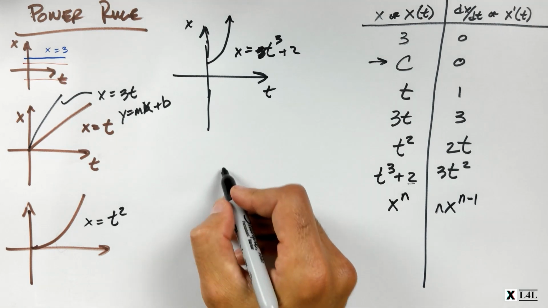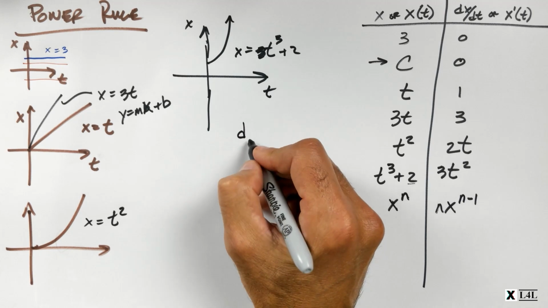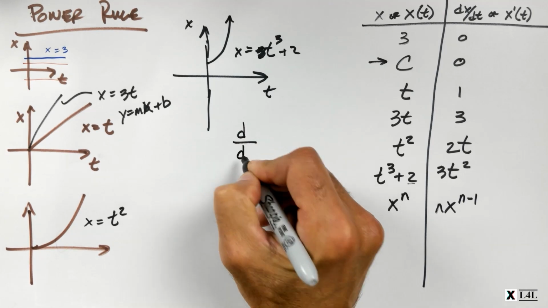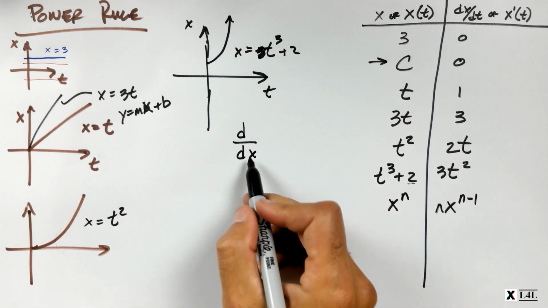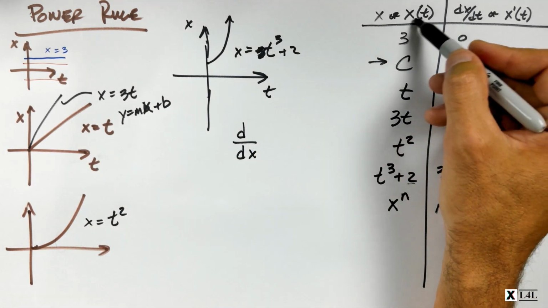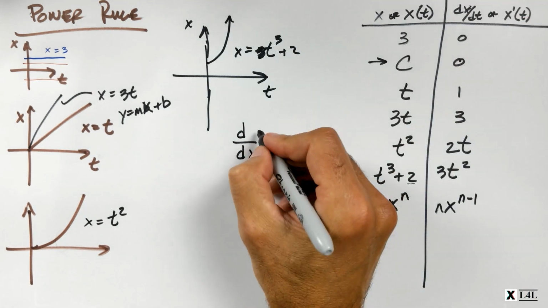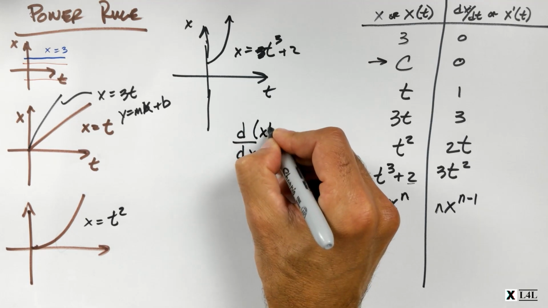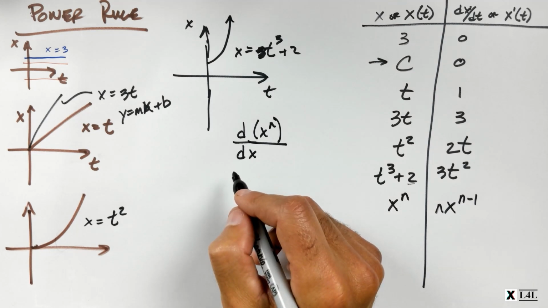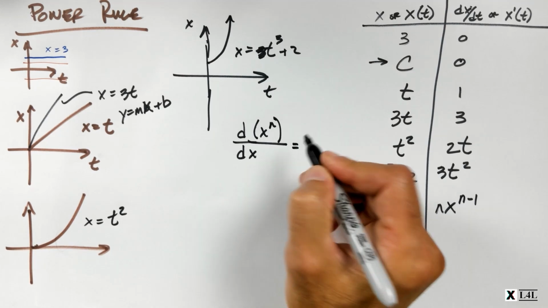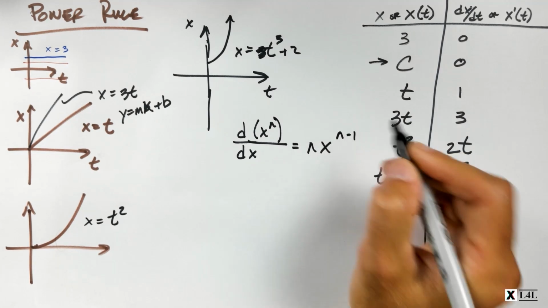From a power rule standpoint, what we're saying is that the derivative with respect to x of any function x to the nth power, now here we've been working on the derivative of position with respect to time, is going to equal n x to the nth minus 1 power.